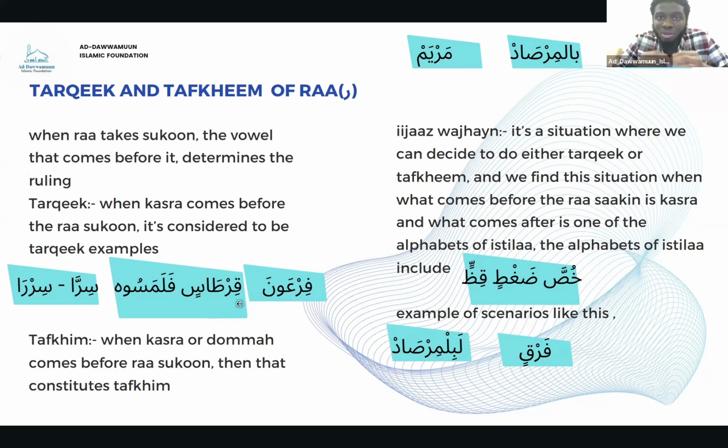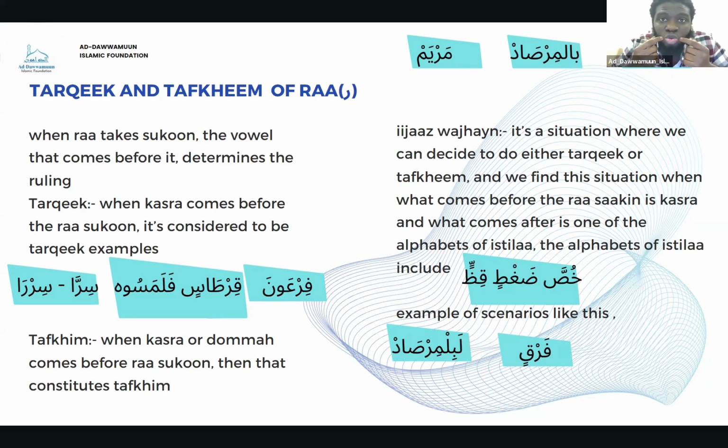Can you see? For me to pronounce the Ra taking sukun, it took its sukun while my mouth was what? Wide, moved to the back, shown as if I was a smiling person. Fir'aun.